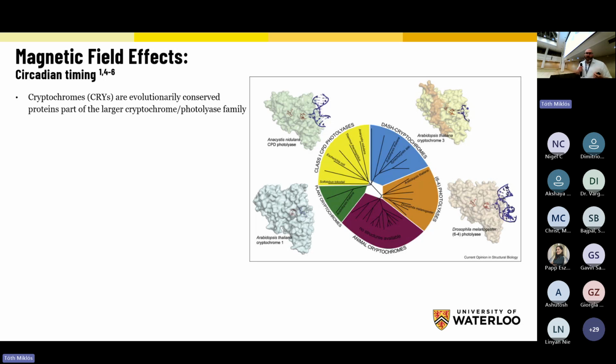Now, cryptochromes are an evolutionary conserved family of proteins, part of a larger family of cryptochromes and photolyases. And there's multiple different forms depending on which organism they're involved in. So there's certain ones in Drosophila, there's certain ones in other insects, there's ones in humans, there's others in birds. And which isoform of cryptochrome is involved depends on what kind of function and what kind of behavior it has.